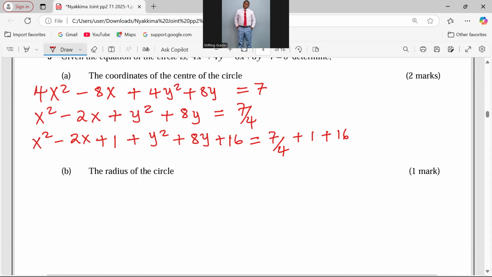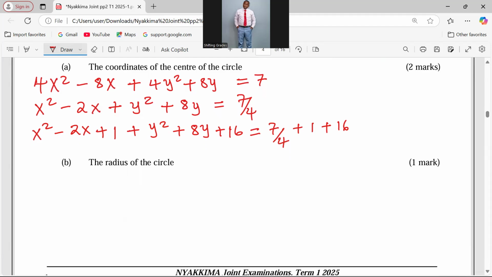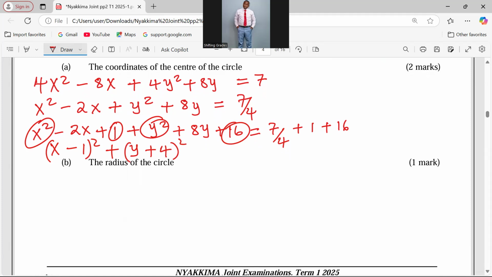So the square which is in terms of x can be factorized, whereby we take the square root of the first part, x, the sign which follows, which is a minus, the square root of the constant, which is 1, squared, plus we factorize the function which has y. The square root of y squared is y. The sign which follows is a plus. The square root of the constant is 4, squared. So now we have factorized both the x and the y components.